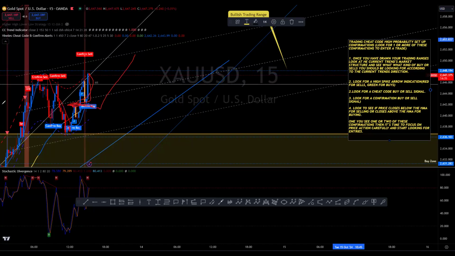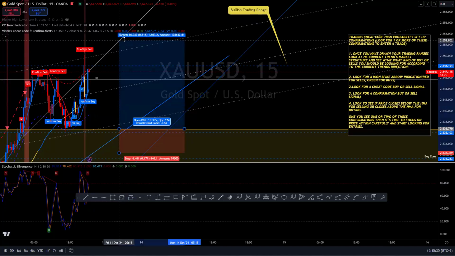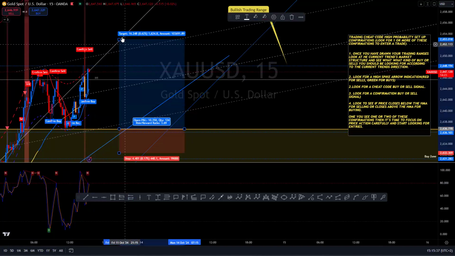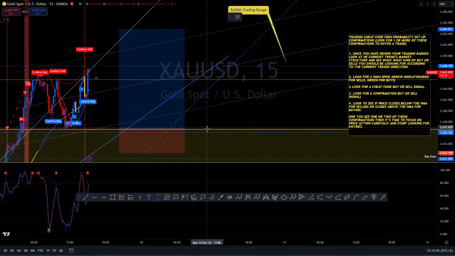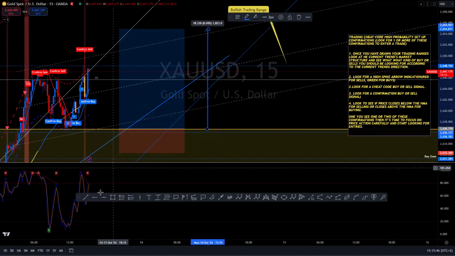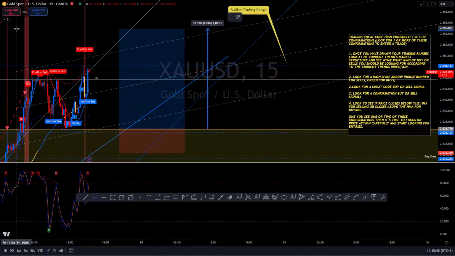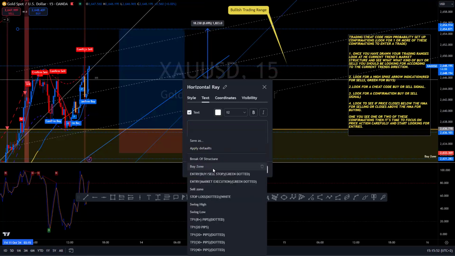So what I'm going to go ahead and do is put my replay tool here. So if price comes up in this area, let's just say we're getting 1,800 points at the most. So let's go ahead and mark this up.